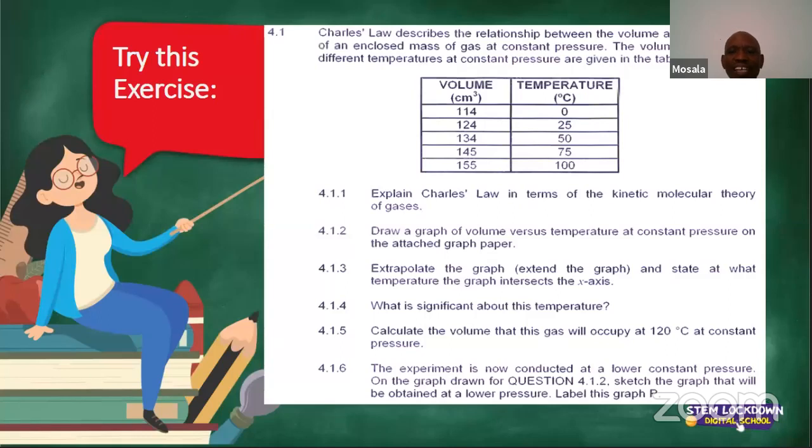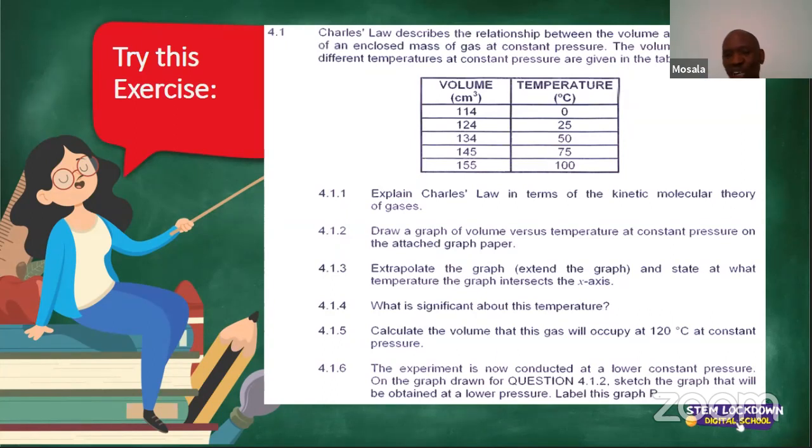You would like to know how much pressure you can apply to that tire for it to burst, and also at what temperature that tire will burst. So we do these calculations so that we can predict the behavior of gases. That is why we are doing all these sorts of calculations.